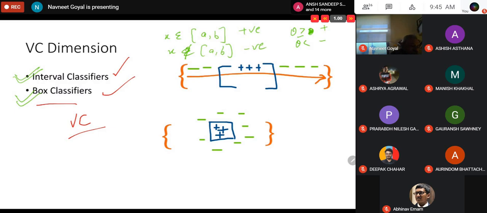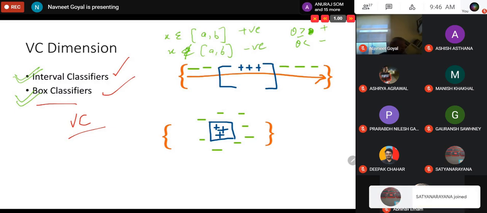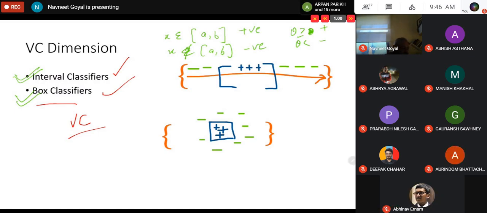Similarly, I have what are called box classifiers. What can you say about these? Anything inside the box is positive, and anything outside the box is negative.